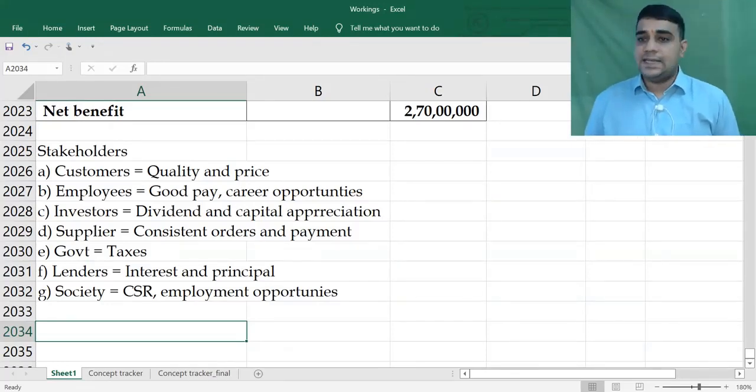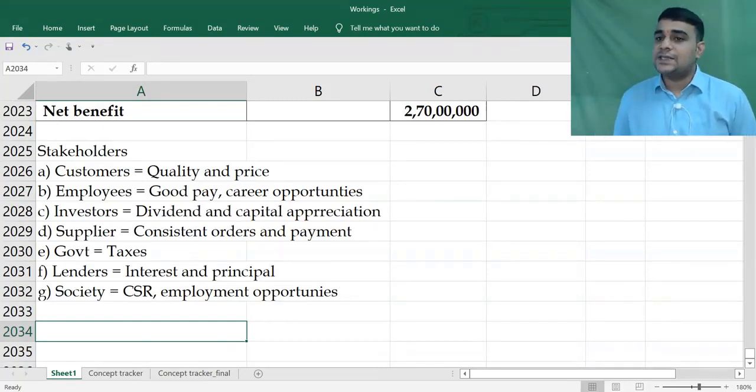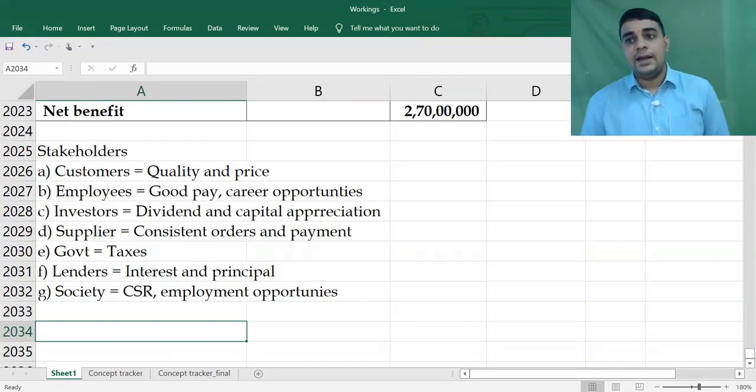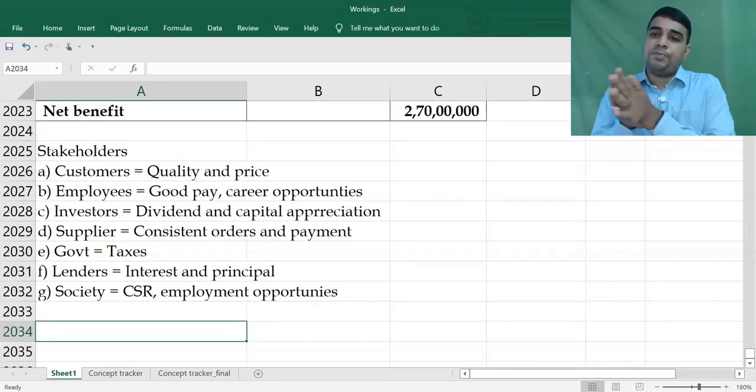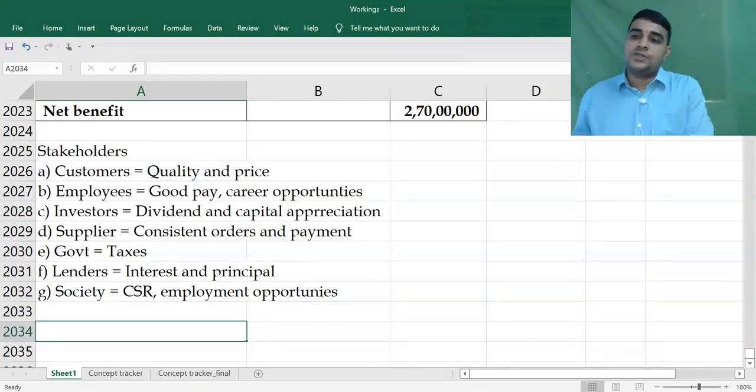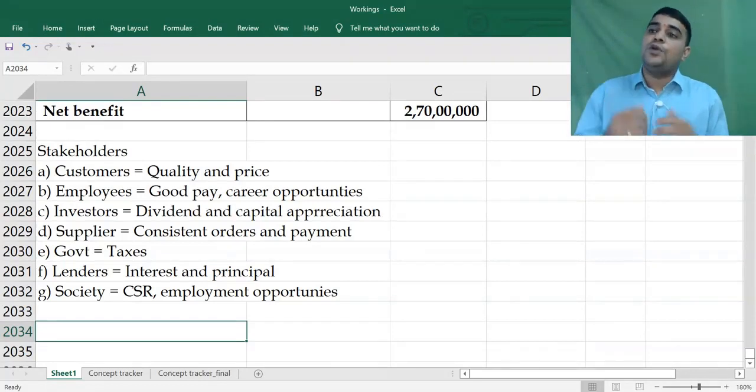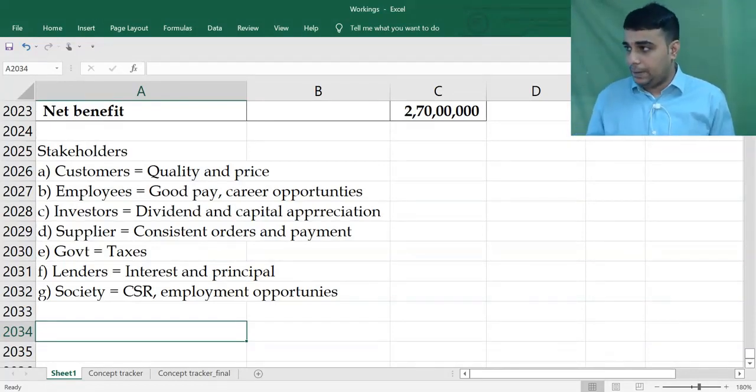You did not do any CSR activity. Why did you not do any CSR activity? Because CSR sits in the debit side of the P&L. So you thought there is no point of doing CSR activity, but still there are expectations that you will do CSR activity. Different people expect different things, and sometimes you have to balance the requirements of every person.